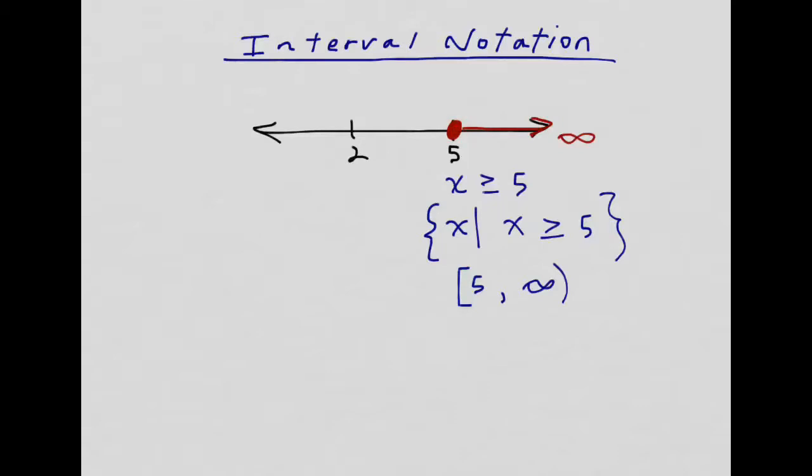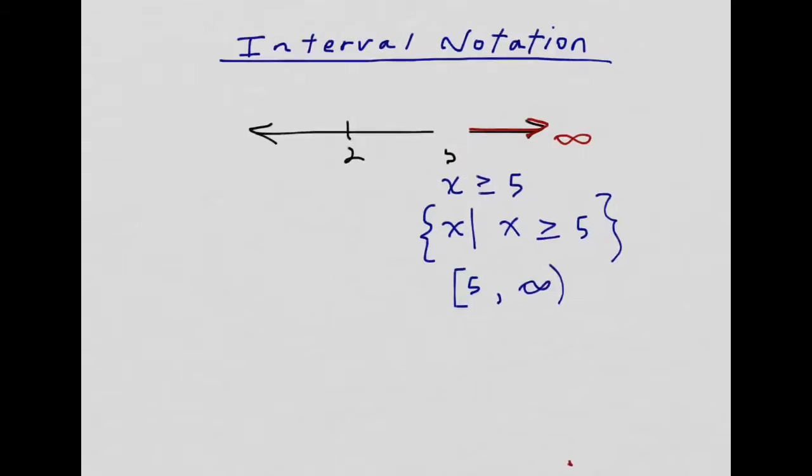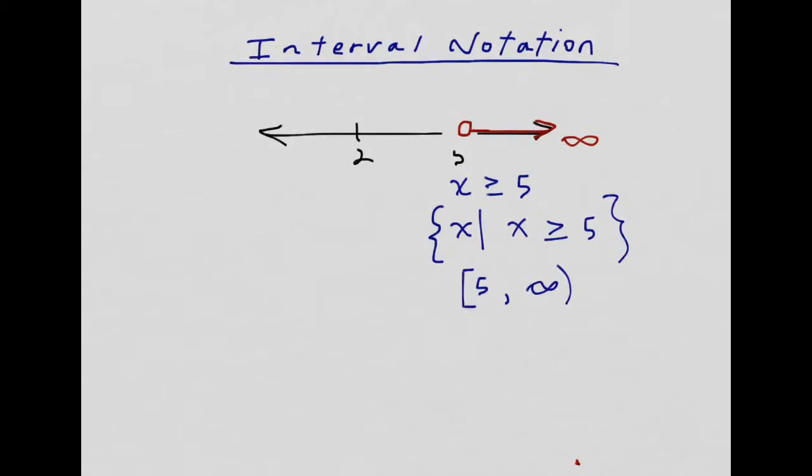If it was an open dot like that, then you would say round bracket 5, comma, infinity. Closed bracket means filled in dot. Rounded bracket means not filled in dot.